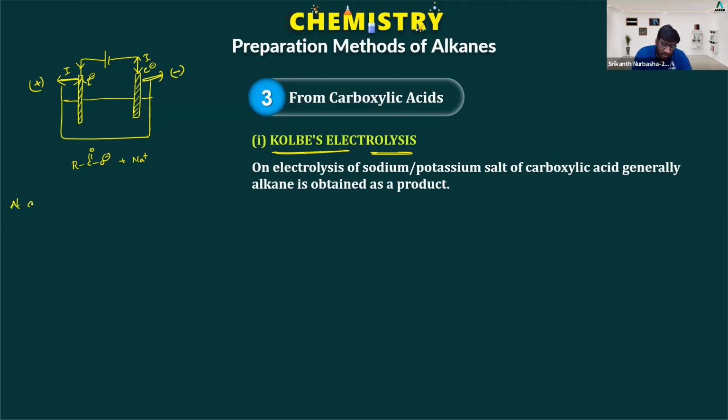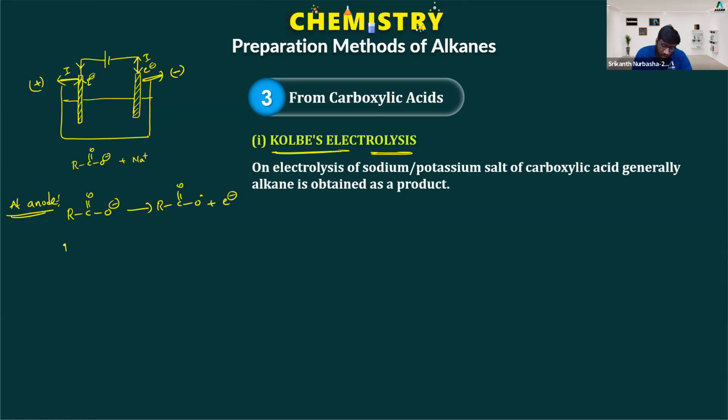At the anode, what happens? Oxidation occurs, that means negatively charged species come in. What is the negatively charged species? RCOO minus. At the anode, always oxidation occurs, that means loss of electrons occurs. So RCOO minus will lose an electron to form RCOO dot plus an electron.